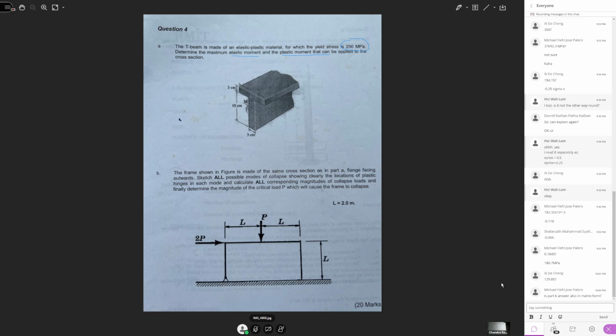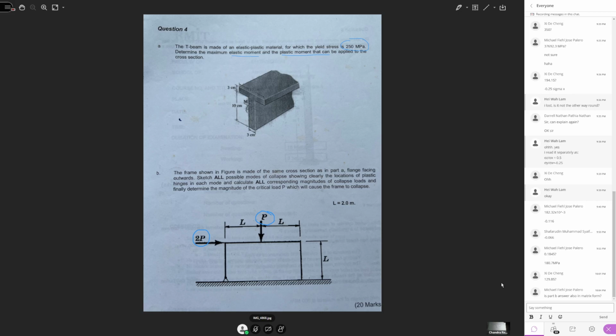This is under plastic design. This one has minimum calculations, so we can complete this. You can see here the frame is made up of the same cross section. There's a horizontal load acting, which is 2P, and a vertical load acting, which is P. P is acting exactly at the center of the frame.